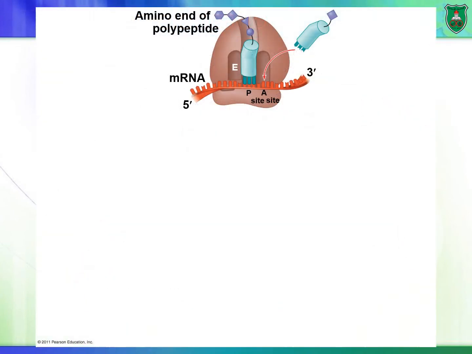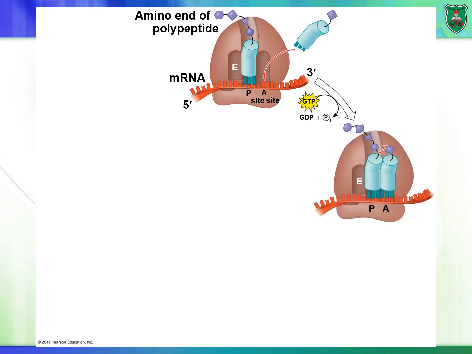So that's how it looks. I have an incoming tRNA. It has an anticodon that is complementary to the codon. Okay, energy is needed. Initiation factor 1 is important for bringing the tRNA. Now you have these two sitting next to each other.